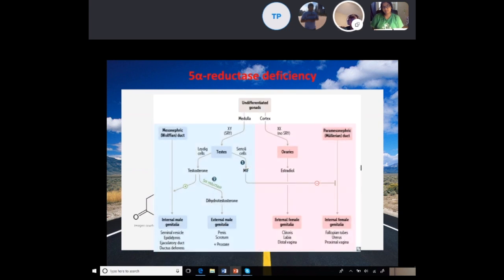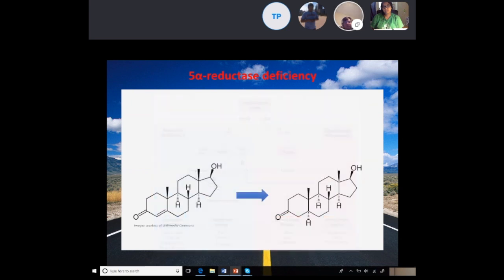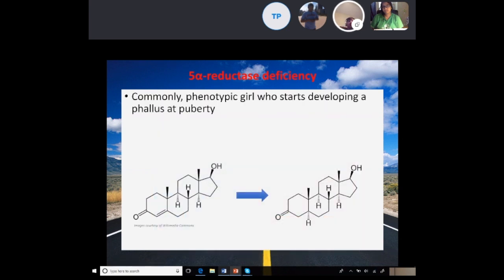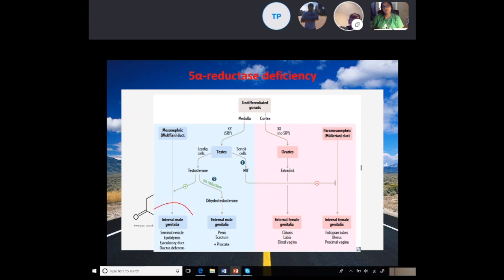So, like we already talked about, 5-alpha reductase makes dihydrotestosterone, which is responsible for PSP, penis, scrotum, and prostate, the external male genital organs. So if we have a problem with 5-alpha reductase, we don't get that PSP. So this person will have internal male organs, but ambiguous genitalia externally.